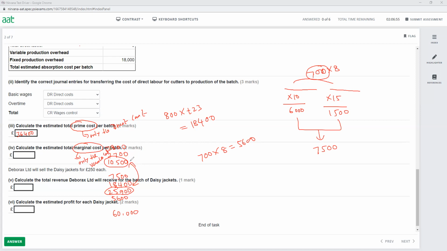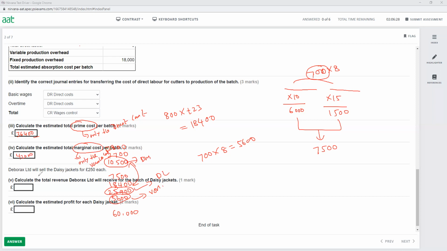So we have a direct material, then we have a direct labor, and we have a variable overhead that is 5,600. So these three are the variable cost. If we add these three, that is 36,400 plus 5,600, that will be 42,000.